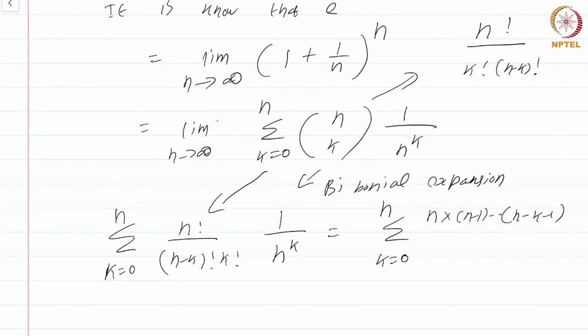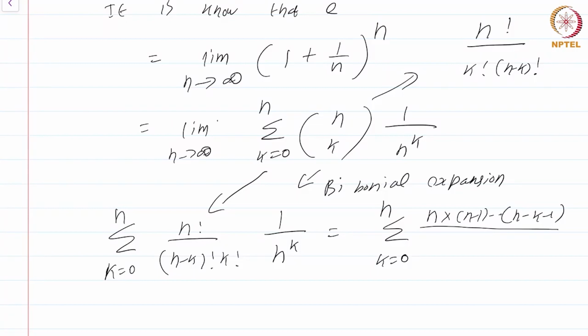So I'm just essentially cancelling out the n minus k factorial from both the numerator and denominator. Sorry, I made a mistake. When I cancel out n minus k factorial, all the terms from 1 to dot dot dot n minus k will get cancelled in the numerator.